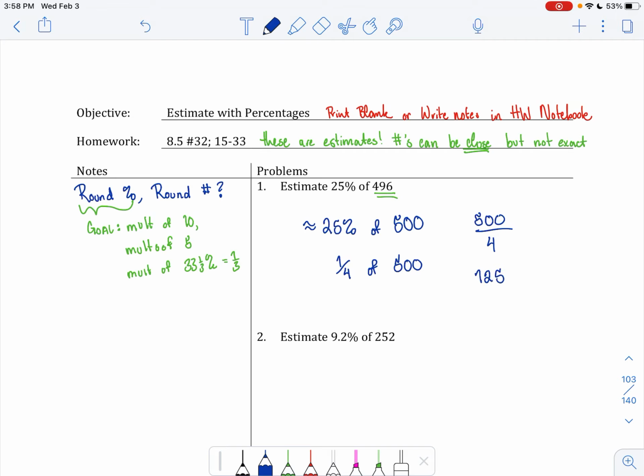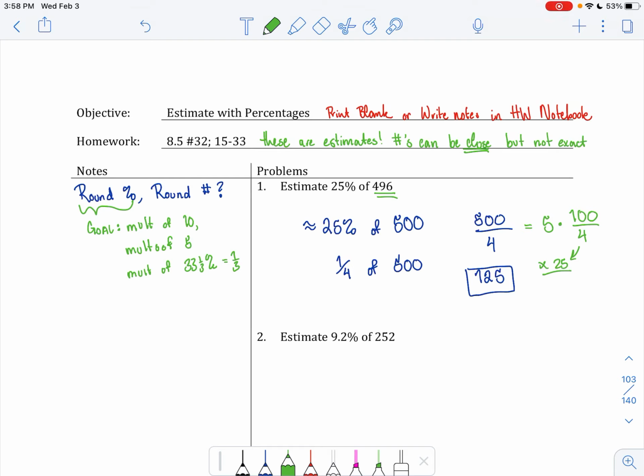And that is going to be 125. You can do this in a couple different ways. The way I would be sneaky about it is I would say that this is 5 times 100 over 4, which I know is 25, and 25 times 5 gives me 125. A little bit sneaky way to do it, but we're estimating. So if you have a way that you'd rather round these numbers, feel free and go with it.